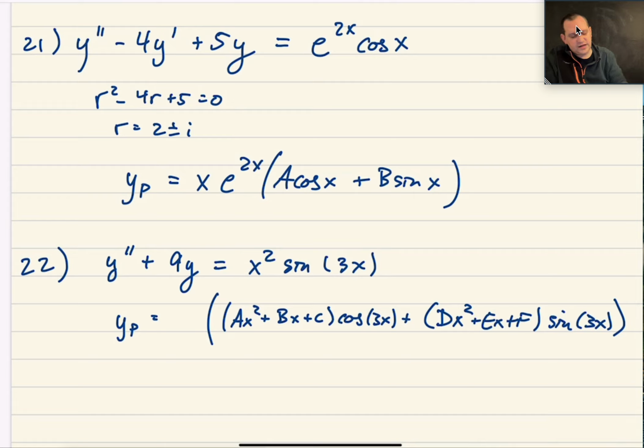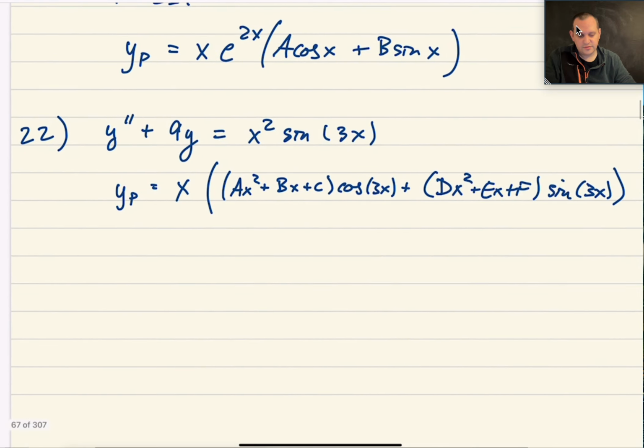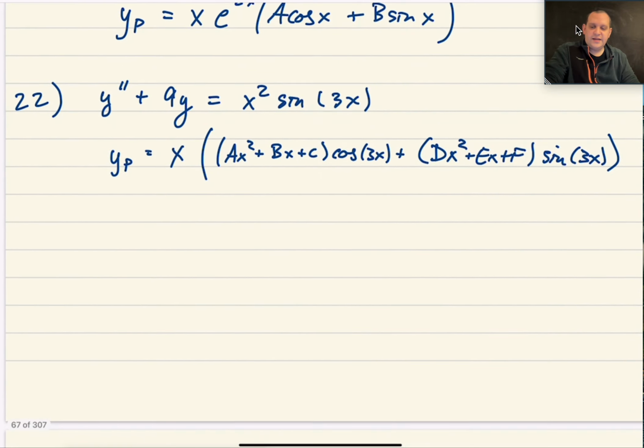All of that is times x, because plus or minus 3i are both roots of multiplicity 1. So we'd need an x to the 1 in front. Okay, and that's how that goes. In the next video, let's talk about higher order analogs of this problem.